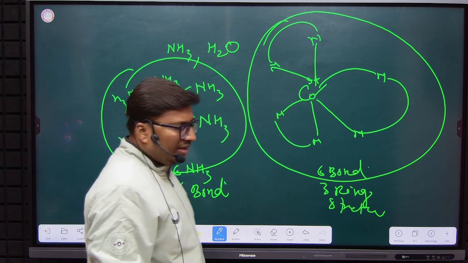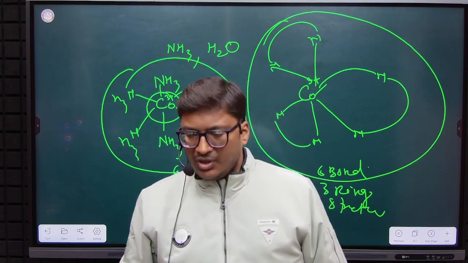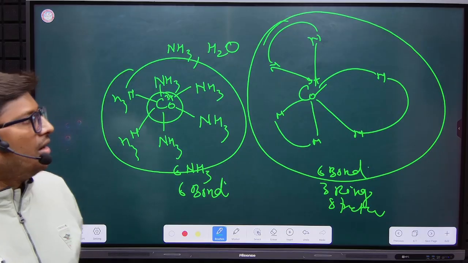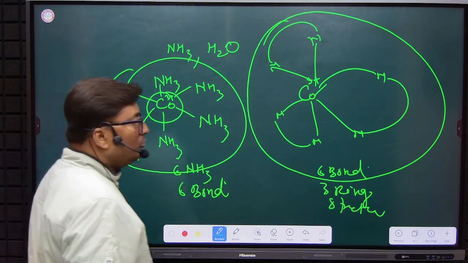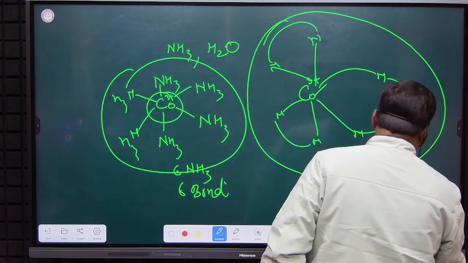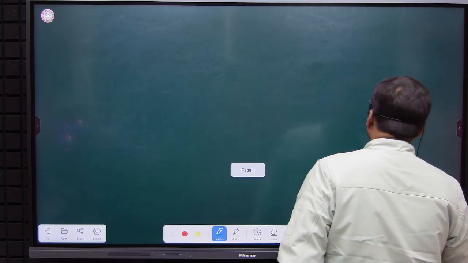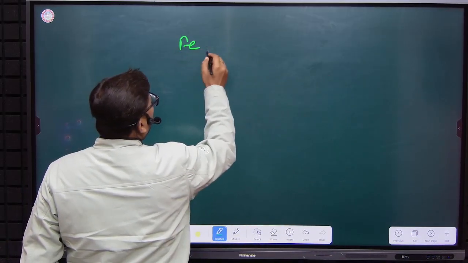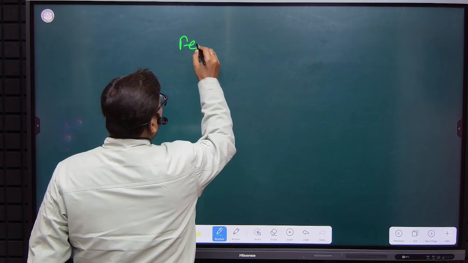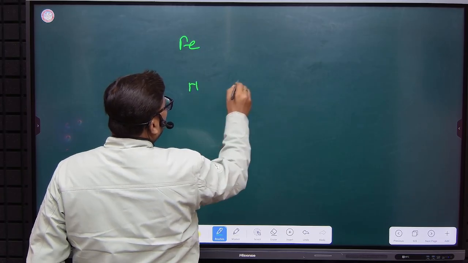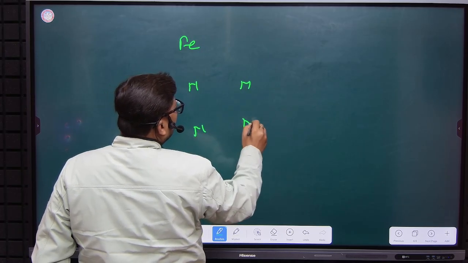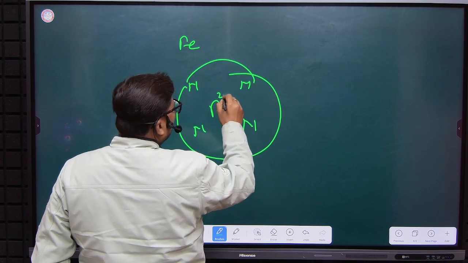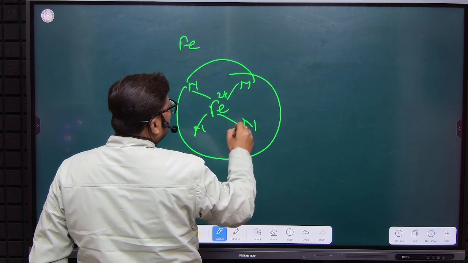In nature, you can also see this in biological systems, for example in hemoglobin. Hemoglobin acts as an oxygen transporter. Here the nitrogen donors form a ring-like structure around the Fe2+.